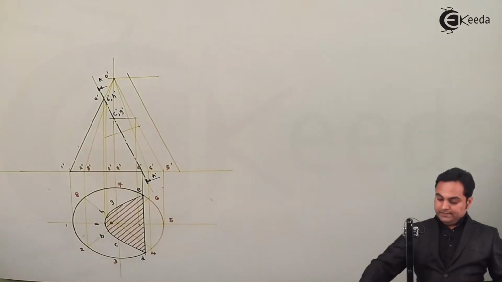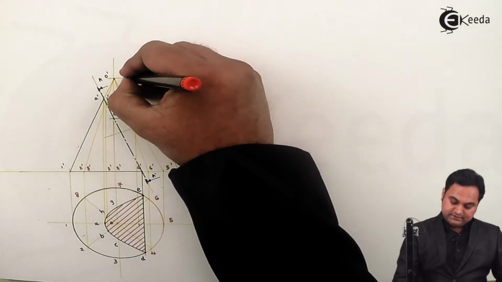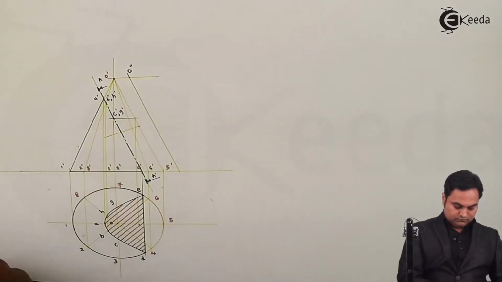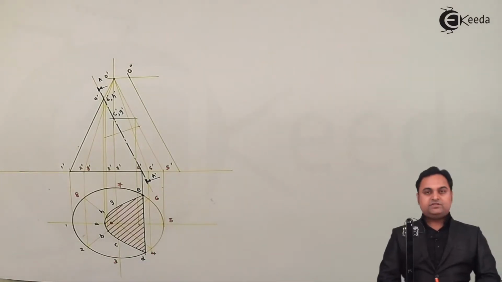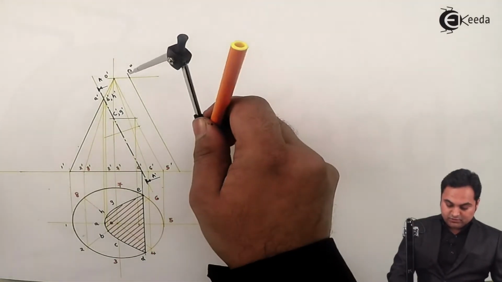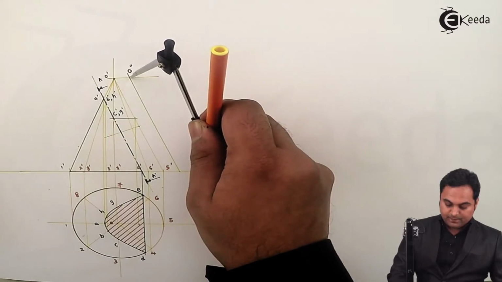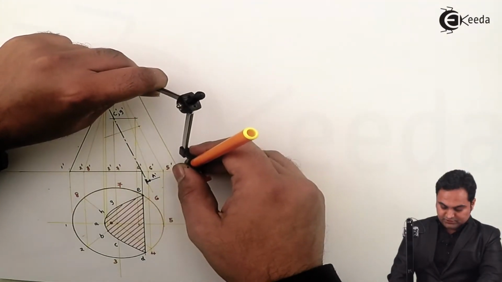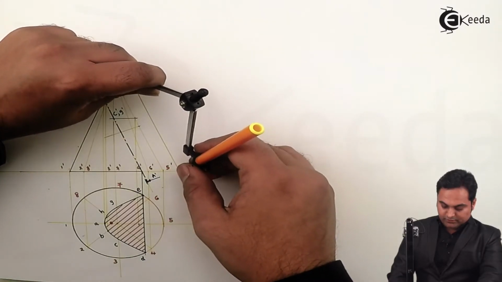Now here I'll say there is this apex O double dash. So next I'll have to measure the distance from O double dash to this slant edge, and then draw a light arc.